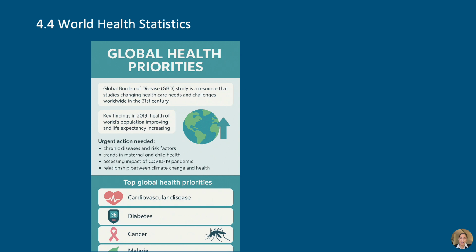There is an urgent action needed to address concerns about chronic disease, risk factors, and trends, especially when we look at maternal and child health. We look at impacts of COVID-19, including both short and long-term health risk, and then also the relationship between climate change and health. So the top global priorities are cardiovascular disease, diabetes, cancer, and malaria.